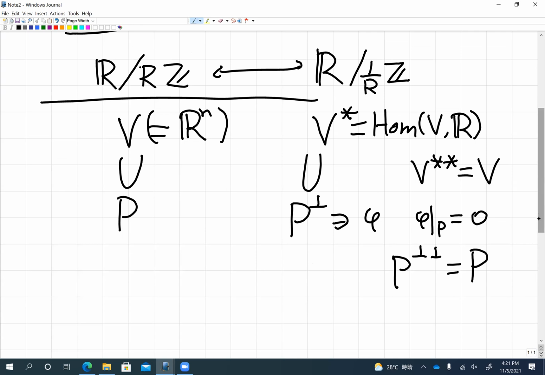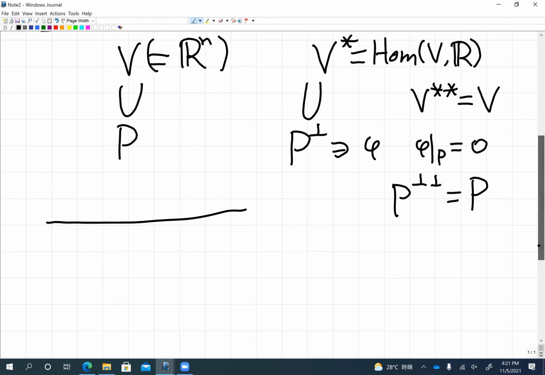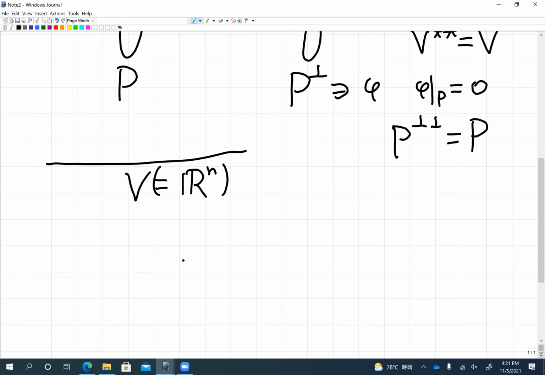Now, another type of basic duality in mathematics is again, if you look at this vector space, similar to what we just had, you can look at a lattice inside.